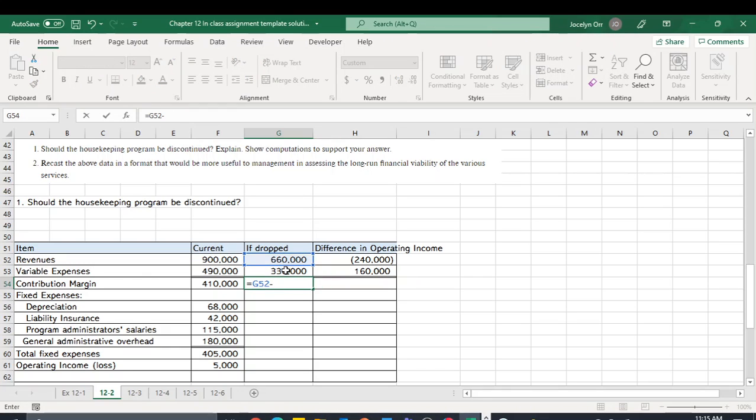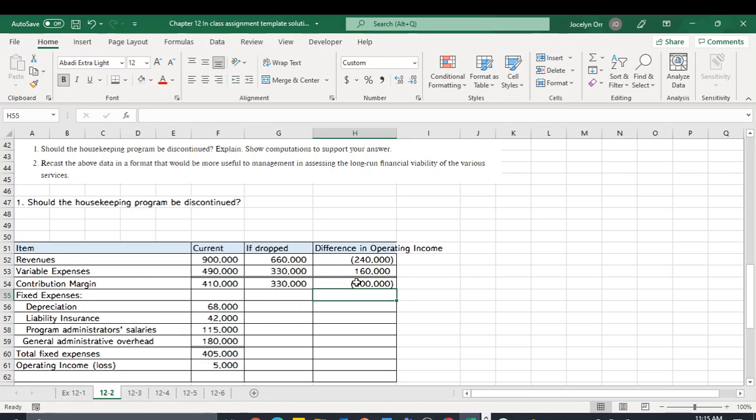So our contribution margin, if we drop that segment overall, is $330,000, which is an overall difference.